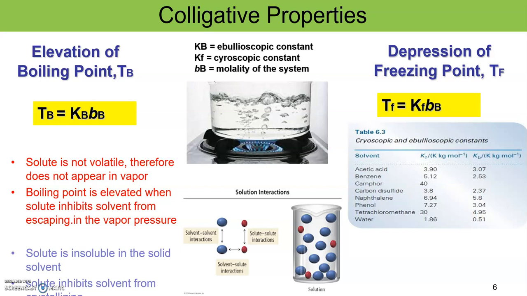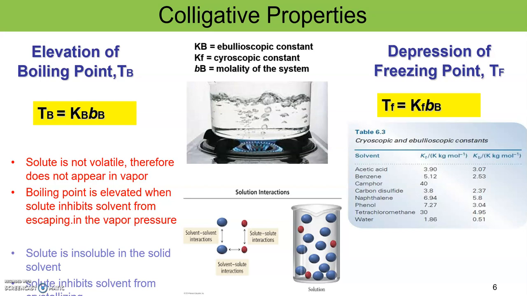So for example, in colligative properties we have the elevation, the raising or increasing, of the boiling point, and also the lowering of the freezing point. So here is the formula for how we calculate them. TB is the temperature of the boiling point, and TF is the temperature of the freezing point. Each solvent has its own constant.